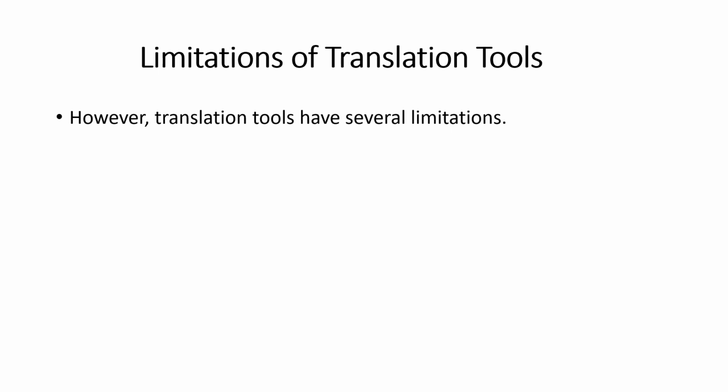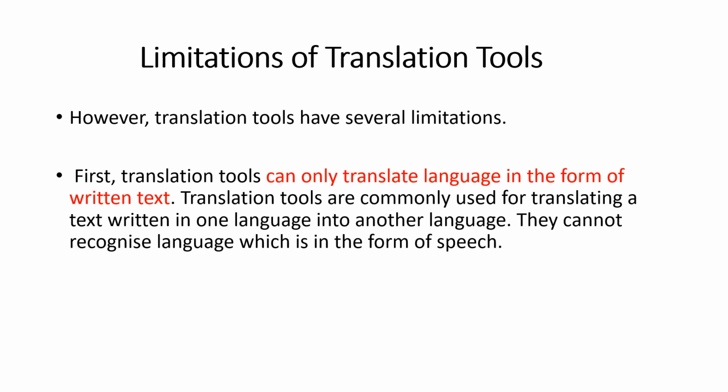However, translation tools have their limitations also. The first limitation is that they can only translate language in the form of written text. Translation tools are commonly used for translating a text written in one language into another language.